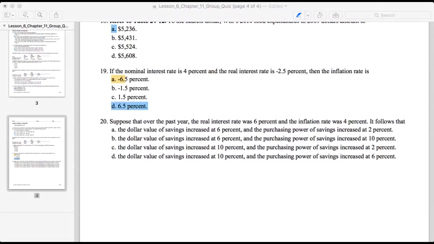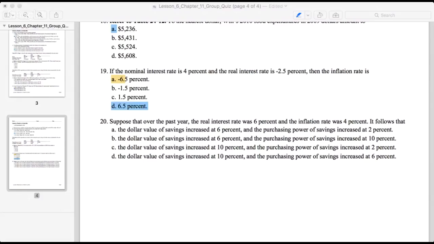The real interest rate is 6%, and that equals the nominal interest rate minus the inflation rate, which is 4%. And that's how I got 6%, because 10 minus 4 is 6. I could be wrong. Yeah, I got it now.